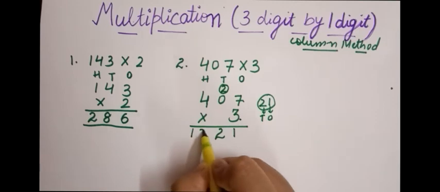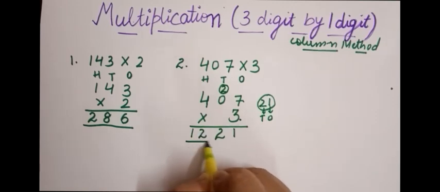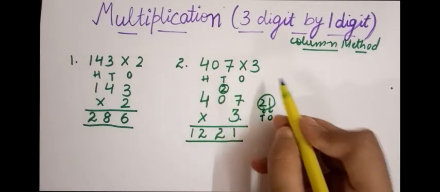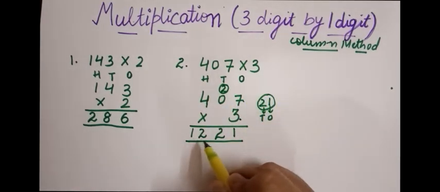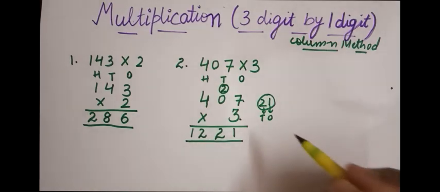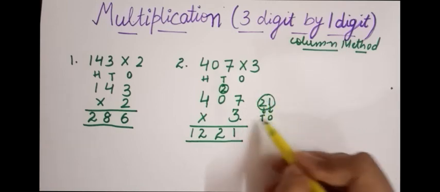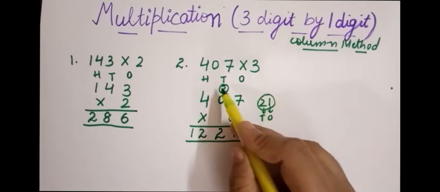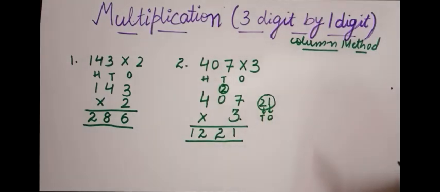So I'll write it below the hundreds column. That means the product of 407 and 3 is 1221. Whenever there is a carry, or whenever there are 2 digits, 1 digit we write down and the other digit we carry to the next column.